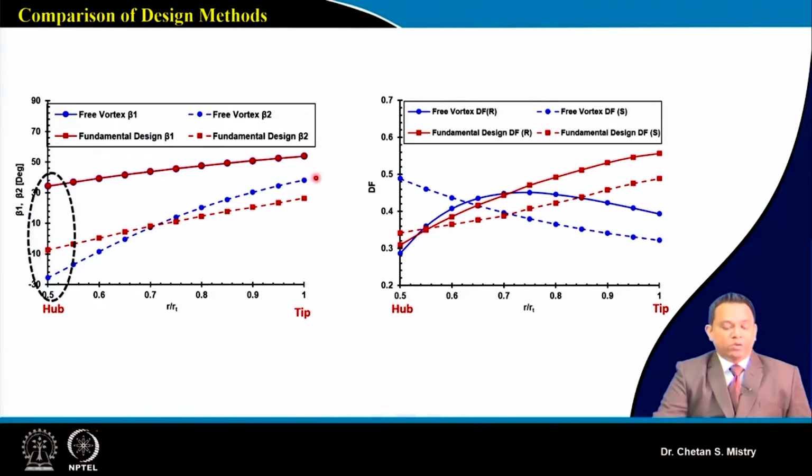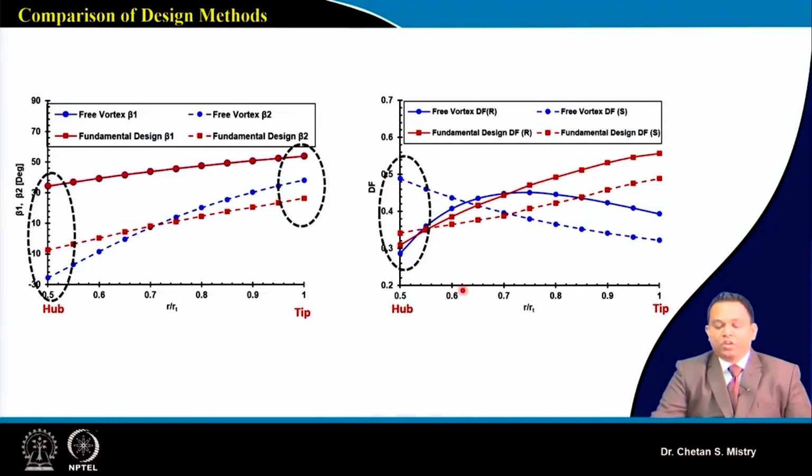In line with that, near the tip region, the delta beta for the fundamental method is coming on the higher side. Basically that represents our blade twist, which is less, and we have seen that even in our 3D geometry for rotor blades.